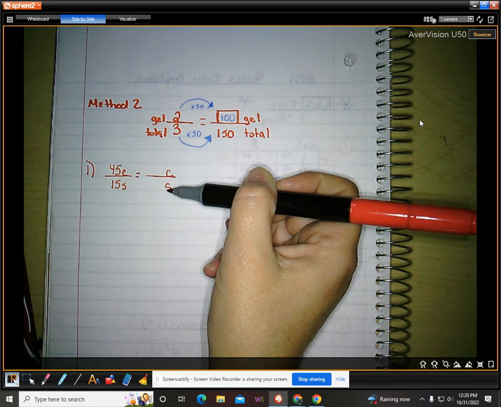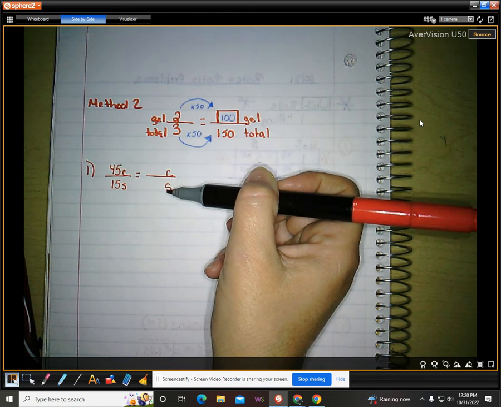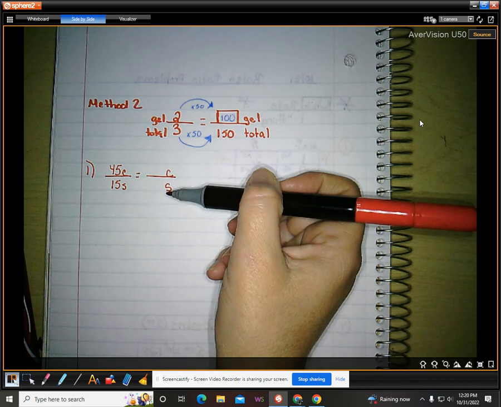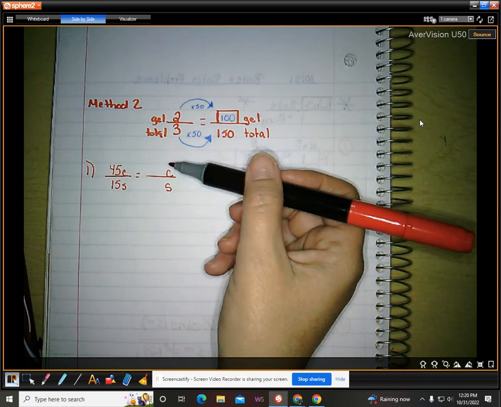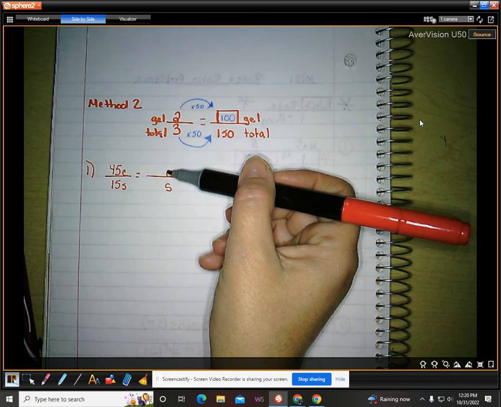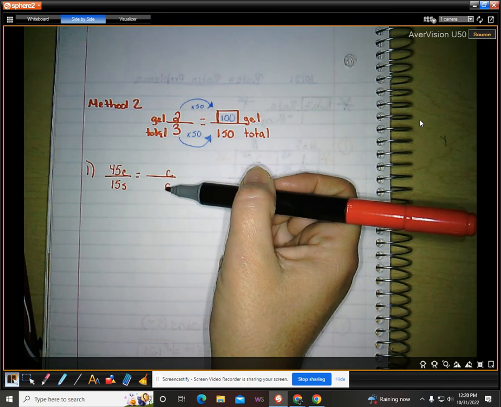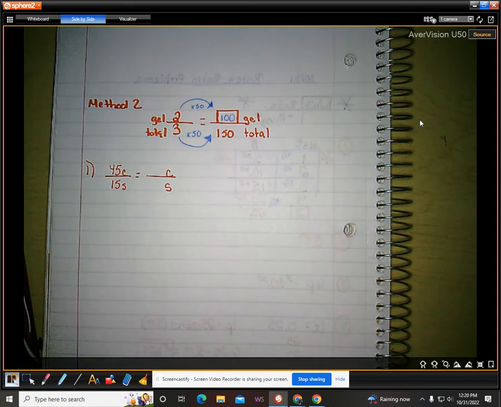The question is, how many cookies are needed for 30 students? So do we know our cookie number or do we know our student number? Read the sentence again if you're not sure. You have to look in your book and read. We are not going to give you the information.